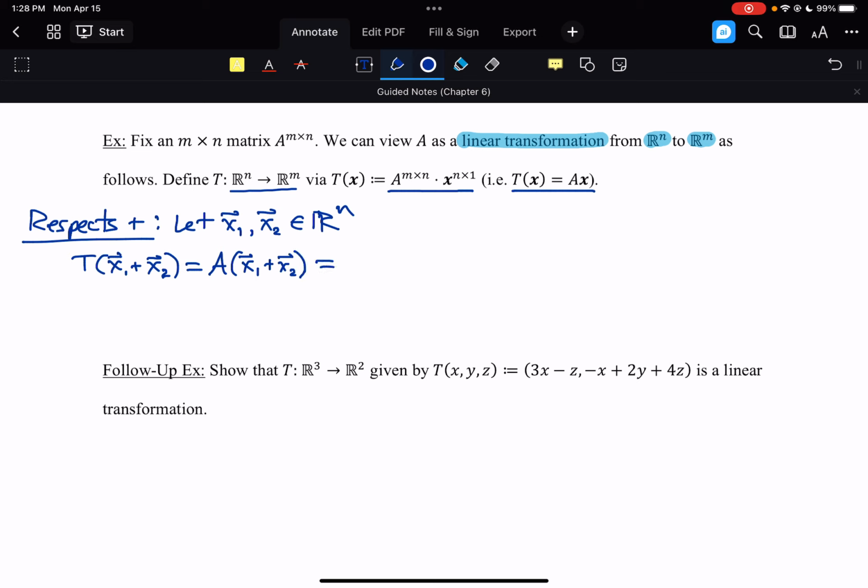And we know with matrix multiplication, it is distributive as long as you keep the matrix on the same side. So as long as A stays on the left, you can distribute it. So that's Ax1 plus Ax2. And this would be the transformation of x1 and x2 individually. So that's T of x1 plus T of x2. So it does respect addition.